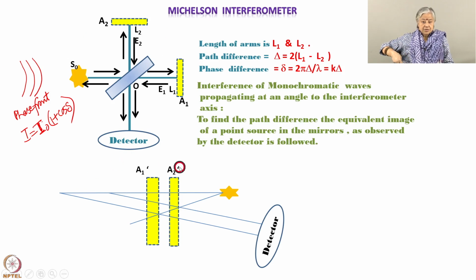Here these two mirrors, I have just put as A1 dash and A2 dash. It is actually this A2 and A1 here, and the source is here. So, where will the image of this source be formed? From the first mirror, if you take the virtual image, it is formed here.